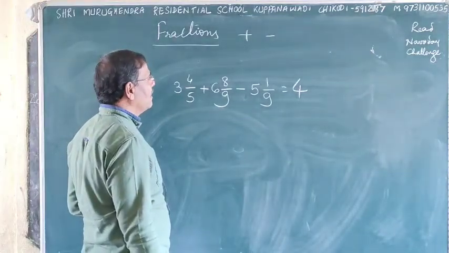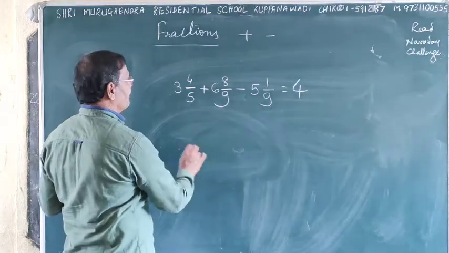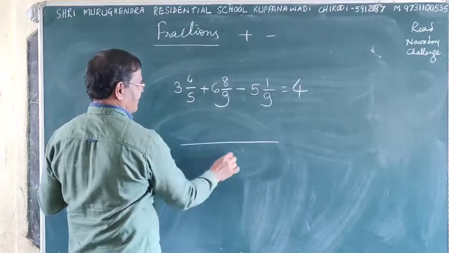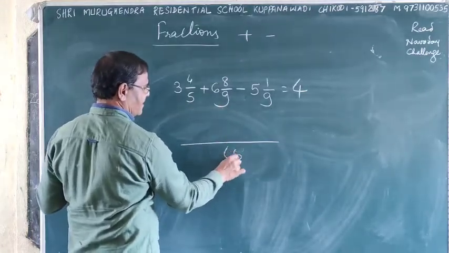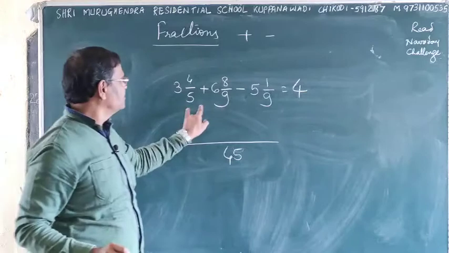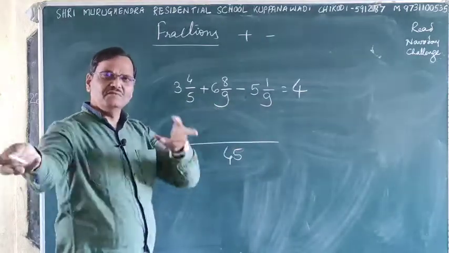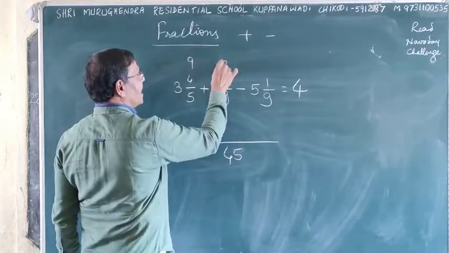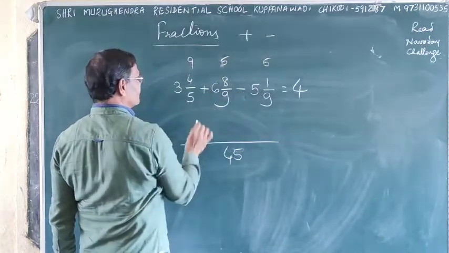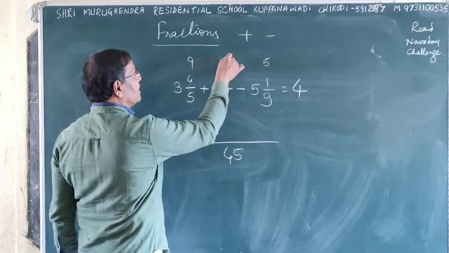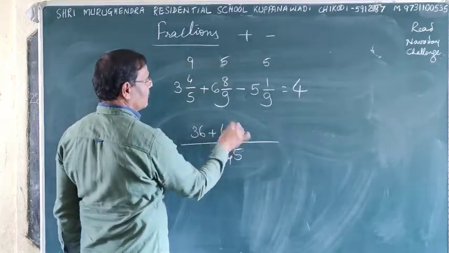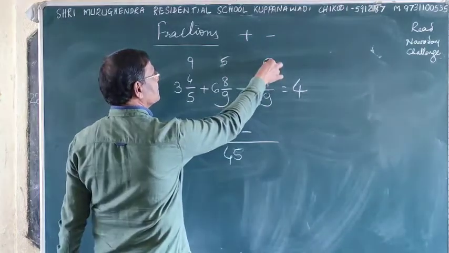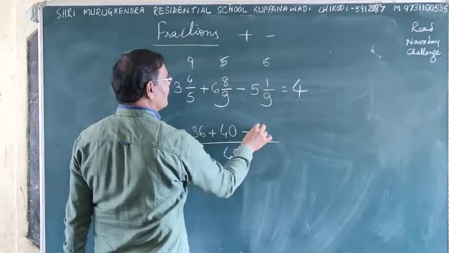Then, see, 5, 9, 9 5s are 45, because these two are co-prime. This is also the same. 5 9s are 45. 9 4s are 36 plus 8 5s are 40 minus 5 1s are 5.